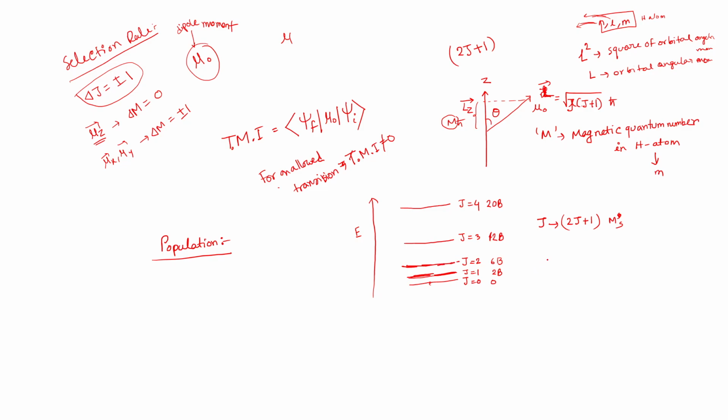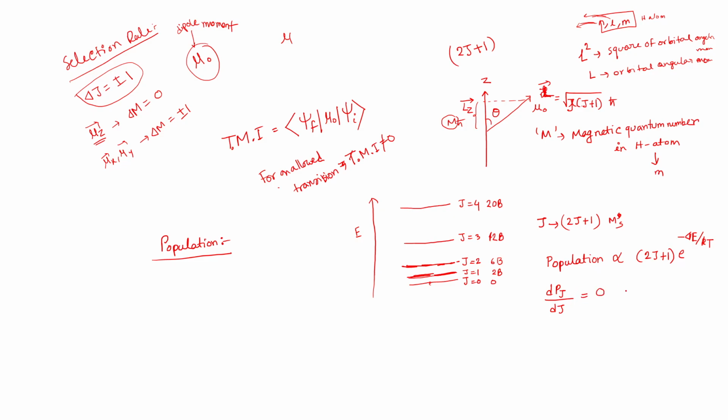So your population varies as your degeneracy as well as a thing called the Boltzmann distribution, that is e to the minus delta E by kT. kT you all know, that is thermal energy, k_B T, where k is the Boltzmann constant. And I think I will not go into the derivation. I think Sarah has shown that for a maximum population, the derivative should be 0.